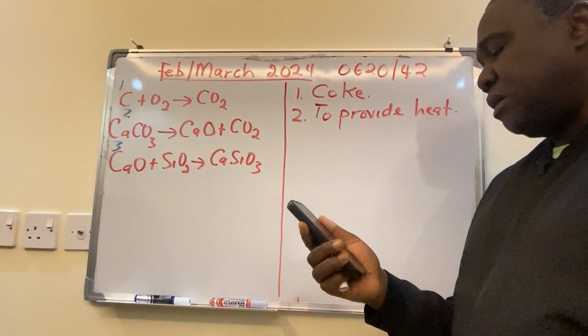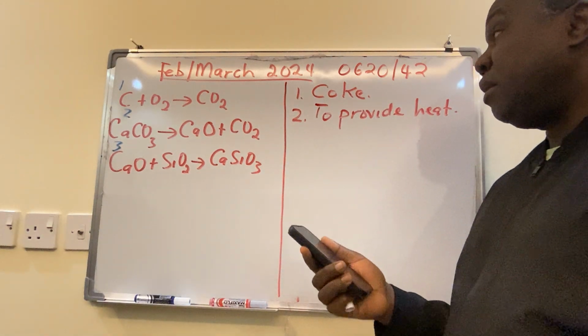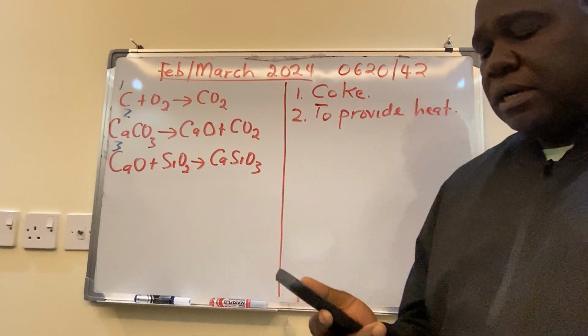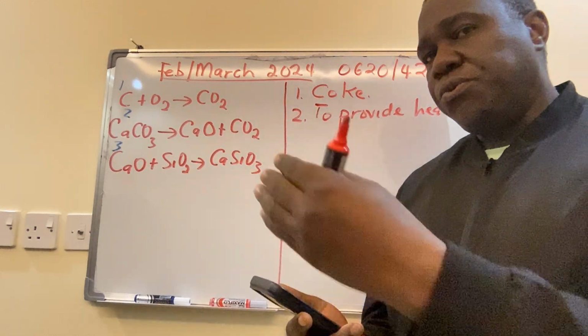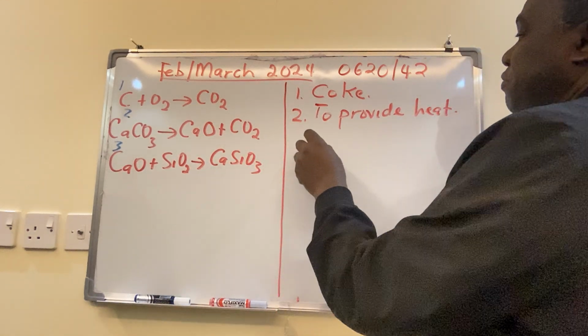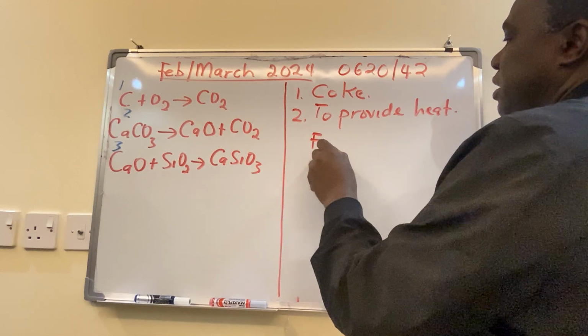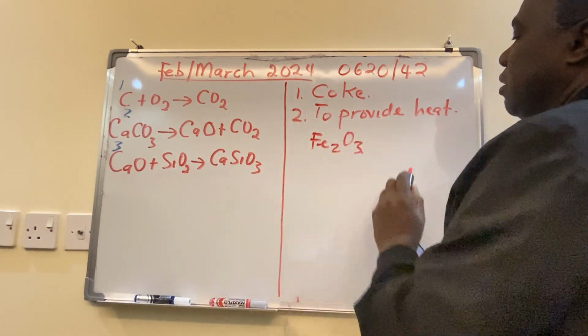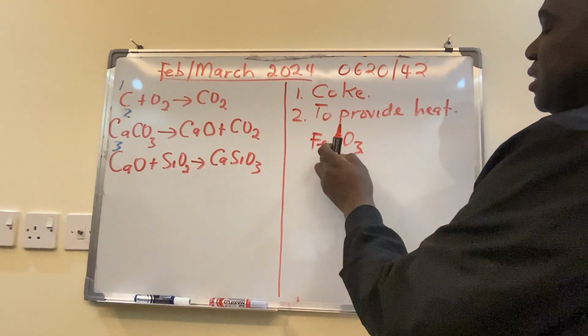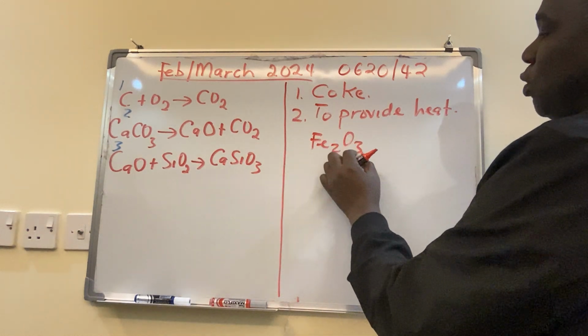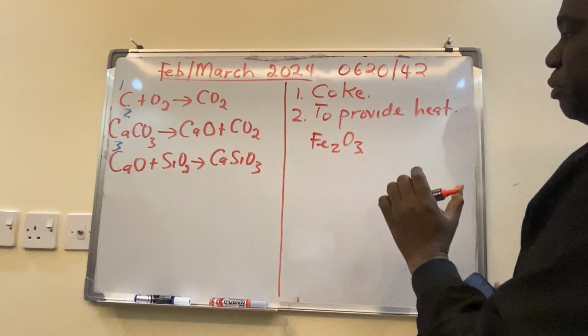Question number 3 was a calculation where you were supposed to calculate the percentage by mass of iron found in iron ore. The formula for iron ore is Fe2O3, so we want to find the percentage of iron in Fe2O3. You go to your periodic table.